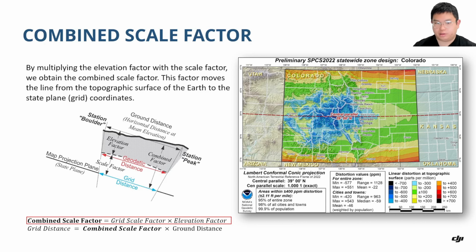Now, by knowing what the scale factor and elevation factors are, you probably guessed what the combined scale factor is. And you're right, it is basically combining the scale factor and the elevation factor. And that gives you the combined scale factor. So on the right side, I have a map of the Colorado state showing the linear distortion.